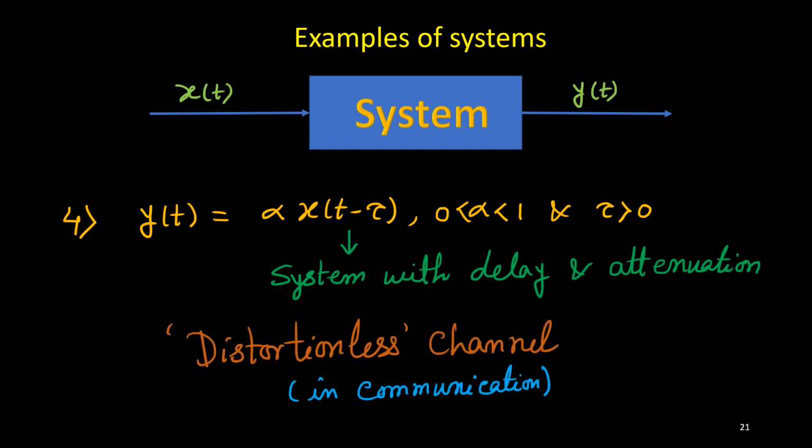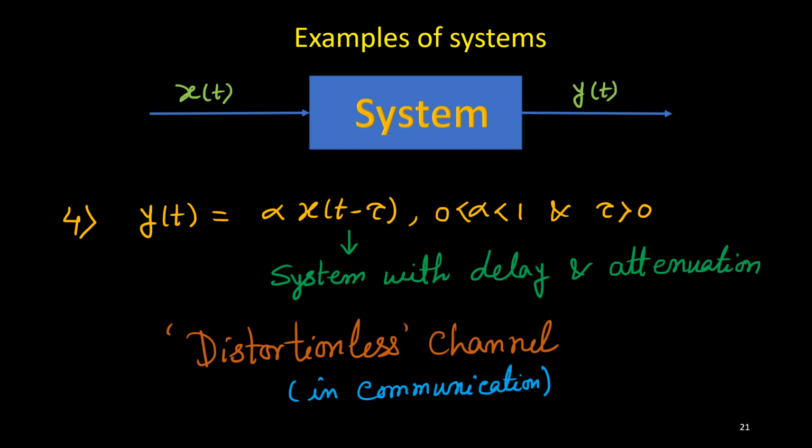This kind of system we want in a communication channel. That channel is called a distortionless channel. If the channel characteristic is like this, then there is no distortion, just some attenuation and one delay. Attenuation is fine, because if something is reduced, we can amplify it, we can correct it.